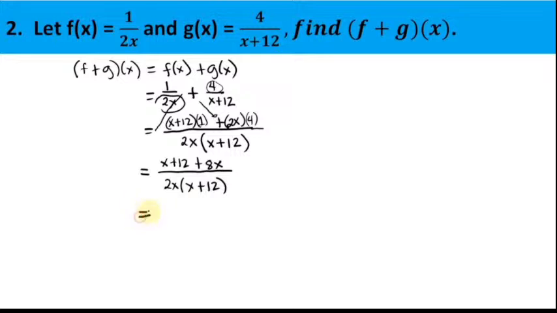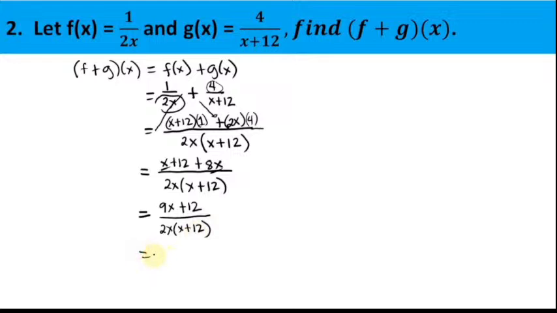Then equals, simplify, x plus 8x, that is 9x plus 12 over 2x times x plus 12.